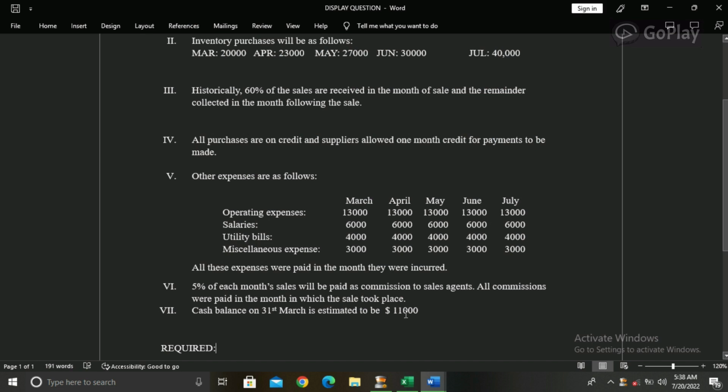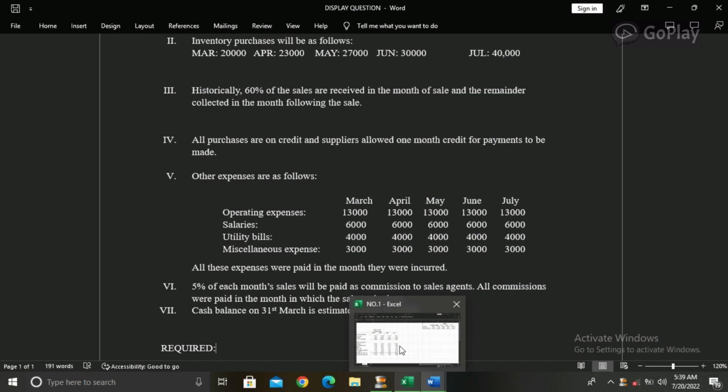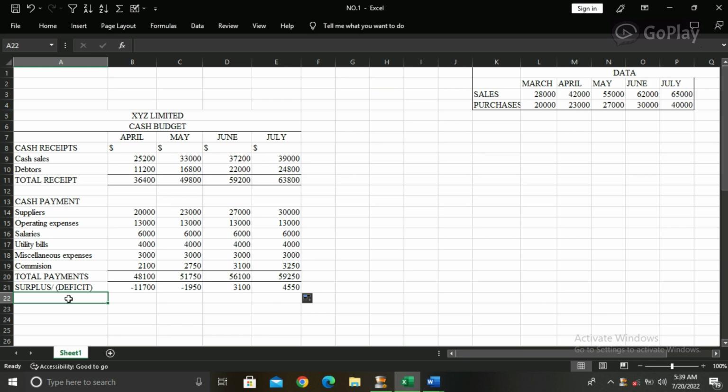So now from 31st March, we move to 1st April. So this balance on 31st March becomes the opening cash balance on 1st April. So when we move to our cash budget, we have the opening balance. Opening balance for April becomes that $11,000.